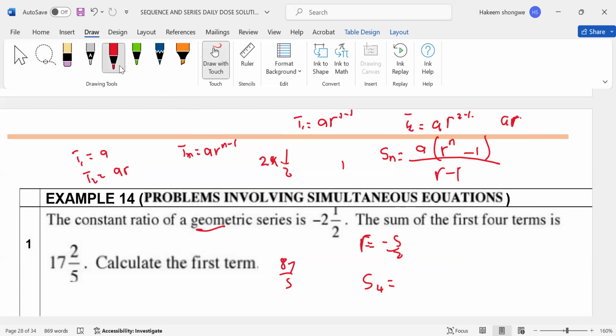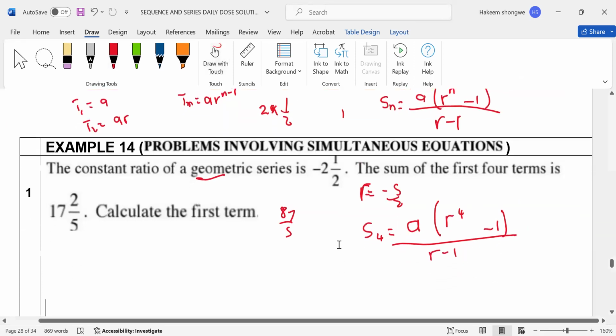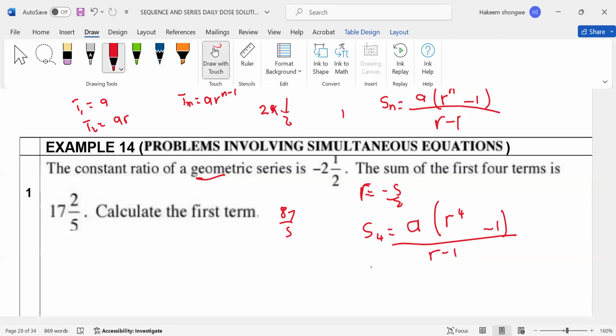So what is going to be S4? S4 is going to be given as A open bracket R to the power of 4 minus 1 all over R minus 1, like this. And then we know what S4 is. S4, we said, is going to be equal to 87 all over 5. And then you have A, but we know what R is. What is R?